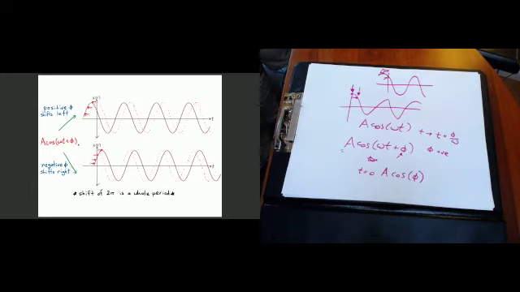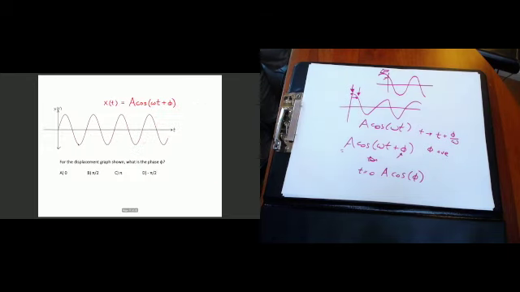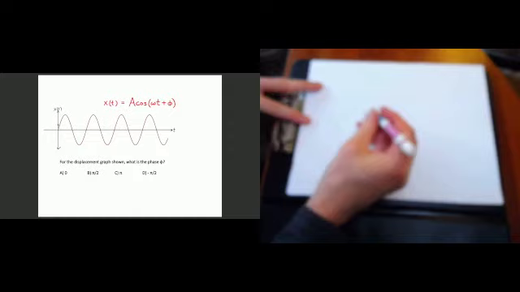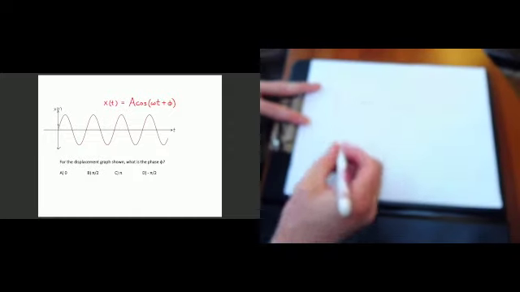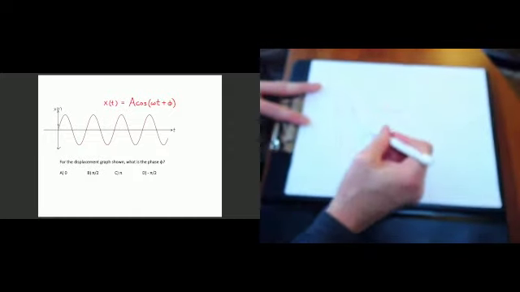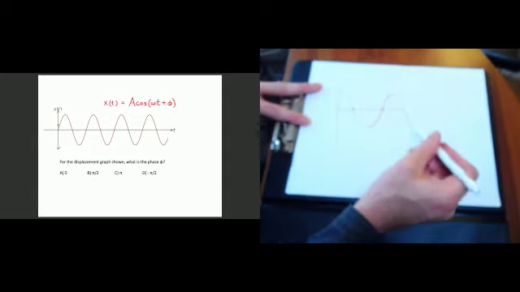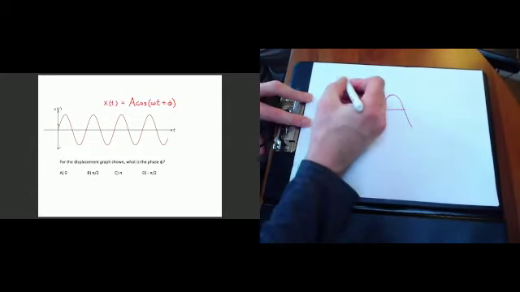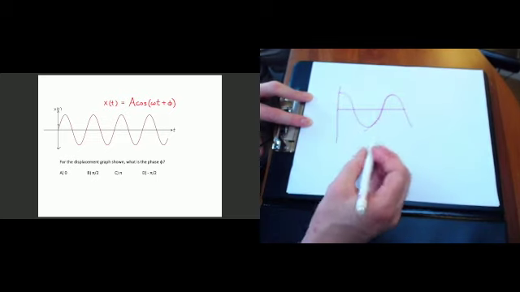But this is a useful way of thinking about it when we want to understand a situation like this one. So here's a situation where we've got something that, instead of a cosine, is a sine. And so we would say, okay, here's the cosine function.